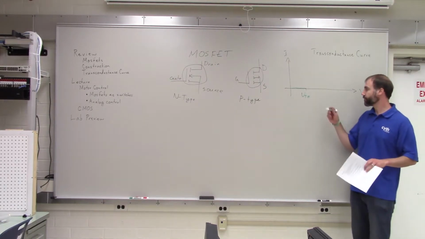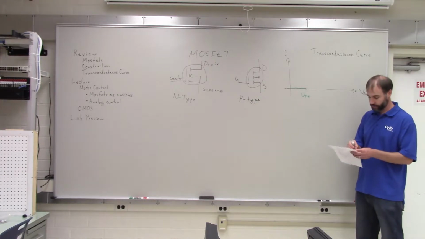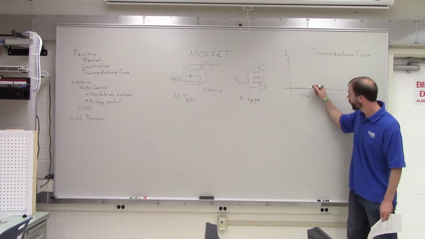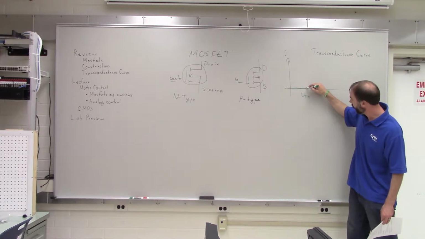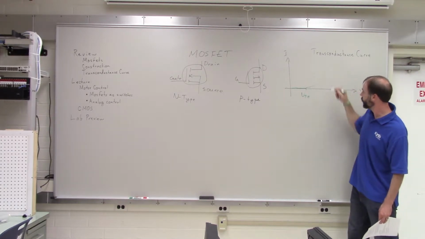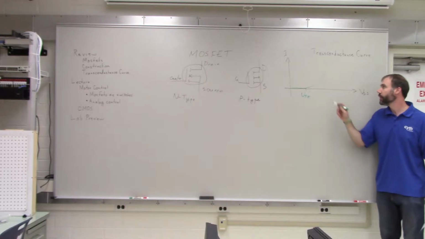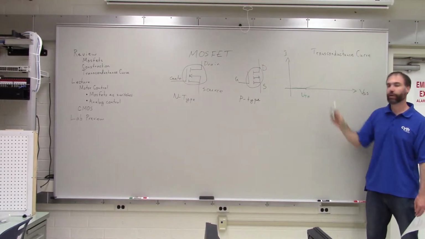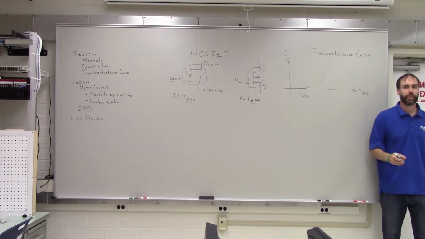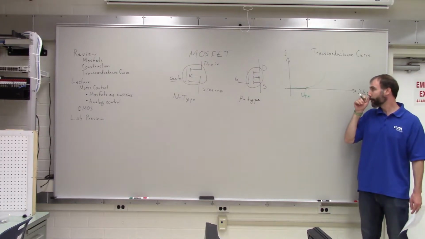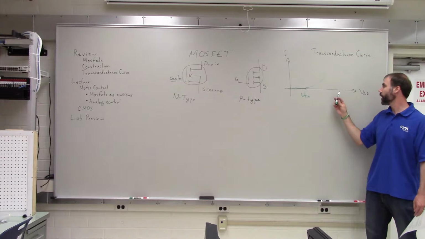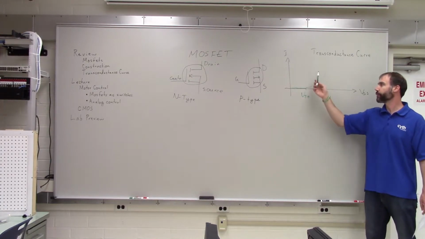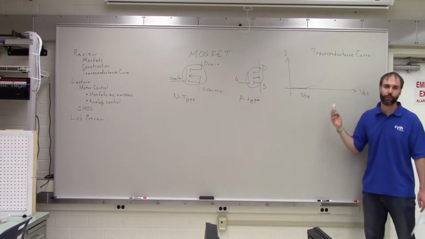And then, after the device starts to conduct current, what you see is that the curve looks something like this. So it's not a straight line, it's actually a parabolic curve. Okay? So, the more voltage you apply, as the voltage goes up, the current increases like the square of the voltage.